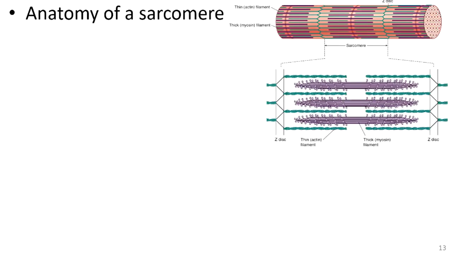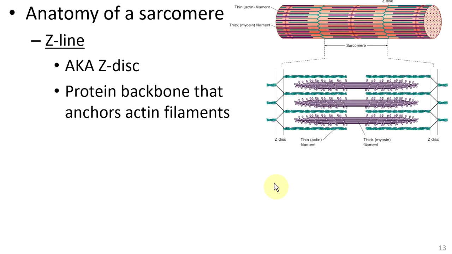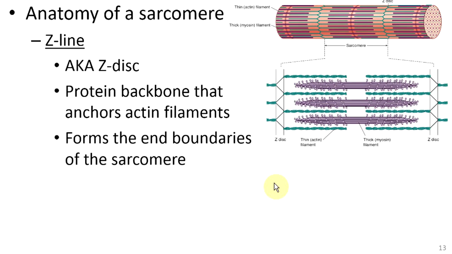So here's a picture of a sarcomere. The first thing that I like to point out here is what's called the Z-line or the Z-disc. And that is this zigzag line right here on the end. That's the protein backbone that anchors these actin filaments to the sarcomere, and this is what forms the end boundary.